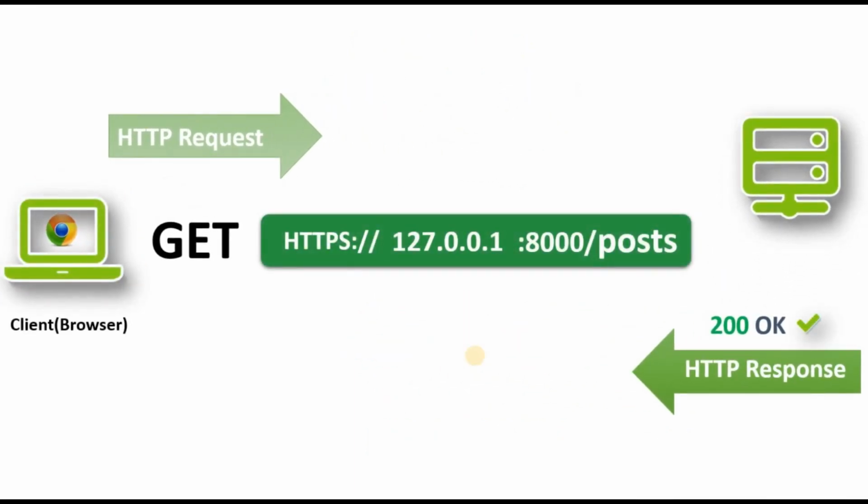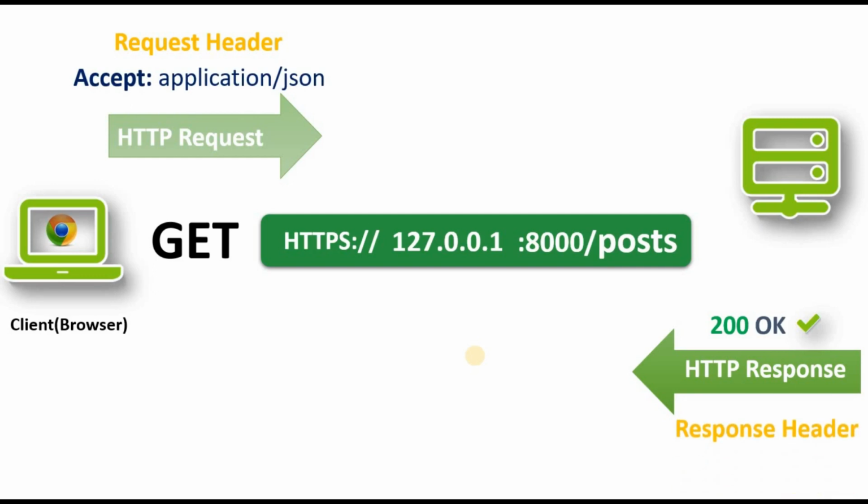So that's it. This is how your HTTP request is structured. You normally send your request in the form of, say, a GET to the web address, and then you specify the type of content using your headers. You can specify JSON or XML, and then the server will send a response with response headers as well, specifying that the type of content it is sending back is either JSON or XML, with a status code.